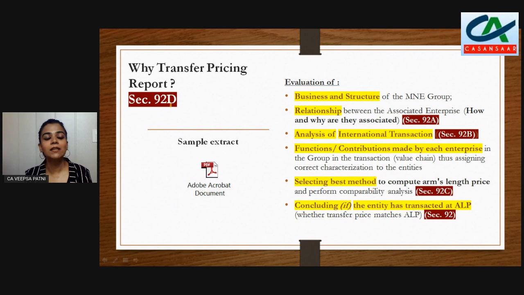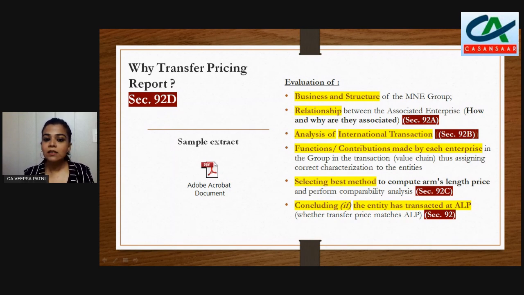So we can all very easily remember that 92D talks about the documentation to be maintained to justify transfer pricing, to evaluate your functions and your transactions, and to give a very detailed overview of the business of the group as well as the entity for which this document is being maintained, say your Indian entity.